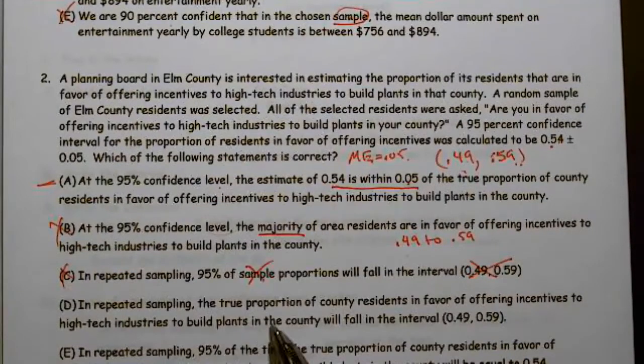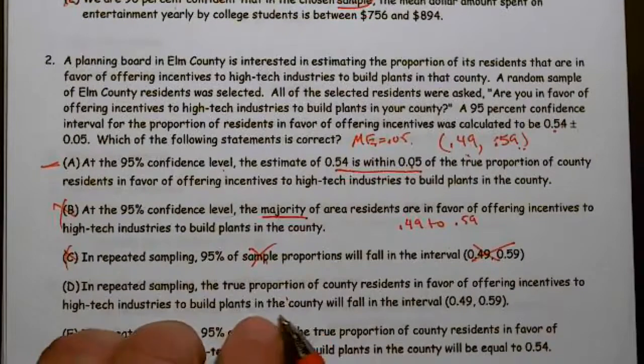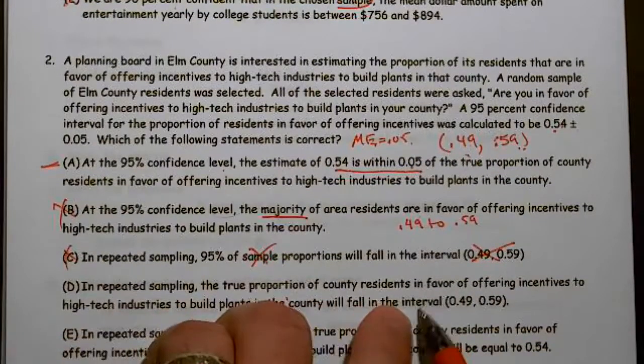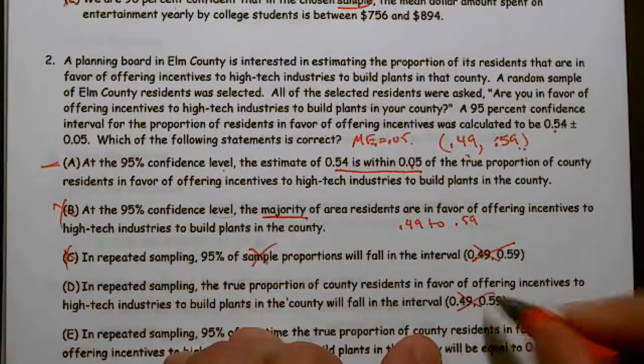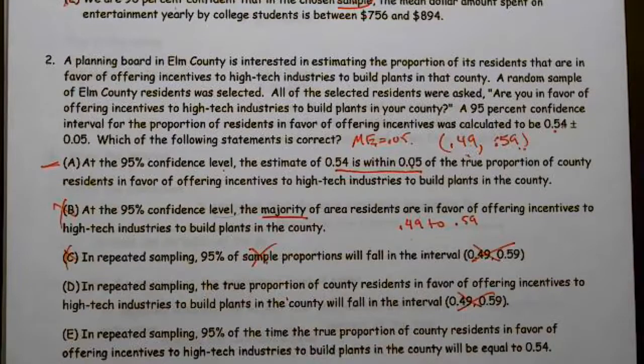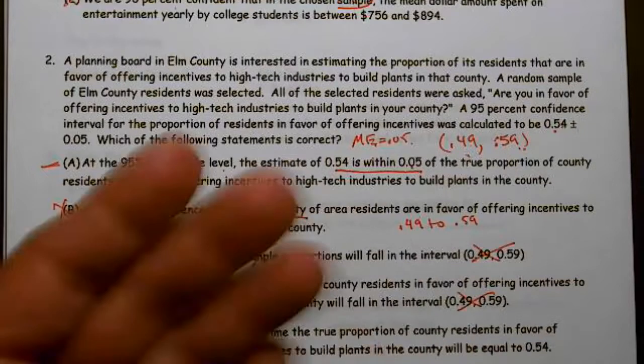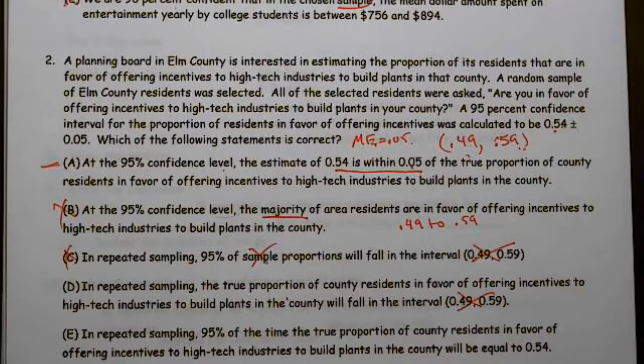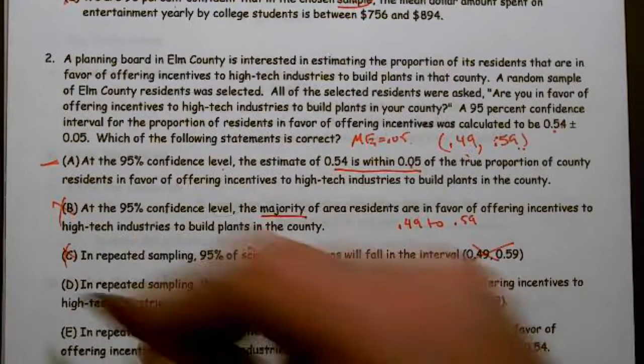In repeated sampling, the true proportion of county residents in favor of offering incentives to high tech will fall within the interval. We have no confidence in the endpoints. All right, and also in repeated sampling, they combine the two phrases together. It's in repeated sampling, we believe this method will capture it, or we are 95% confident that it lies within this. We cannot combine the two, so this is also wrong.